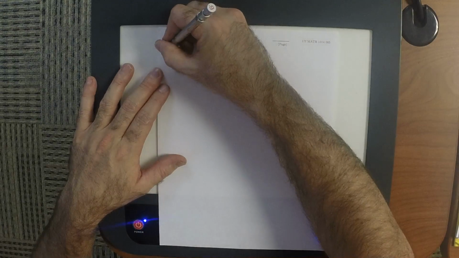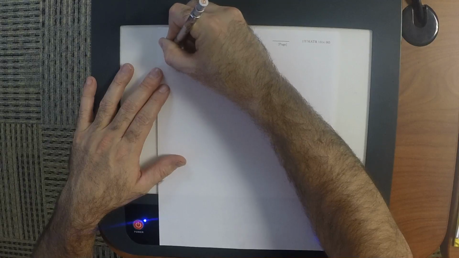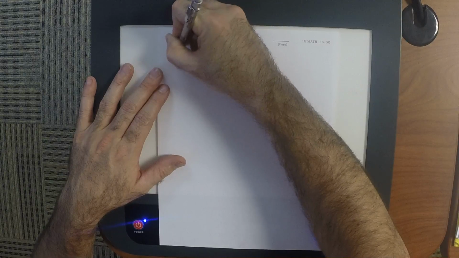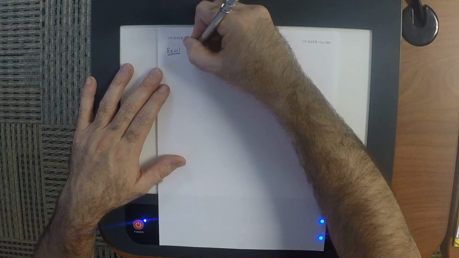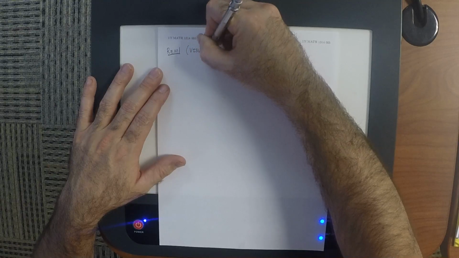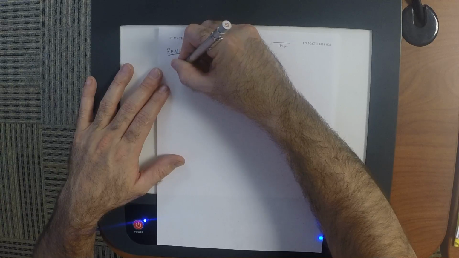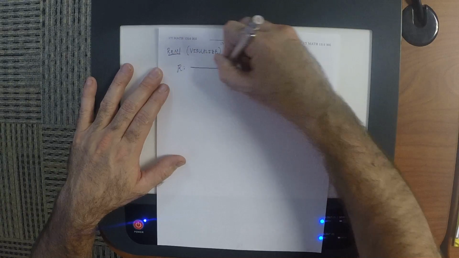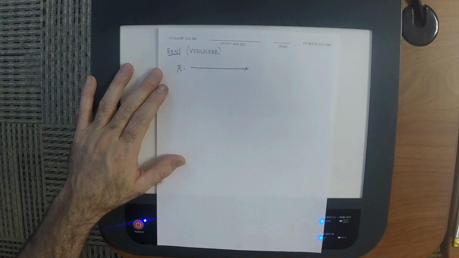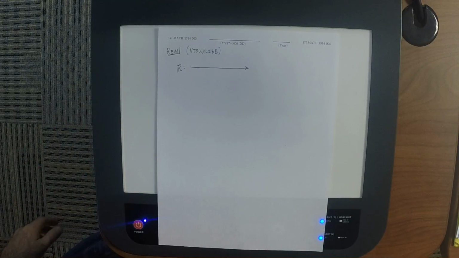So when you want to visualize what's happening, when we're dealing with just the reals by themselves, the way that we visualize it is we draw a line, right?